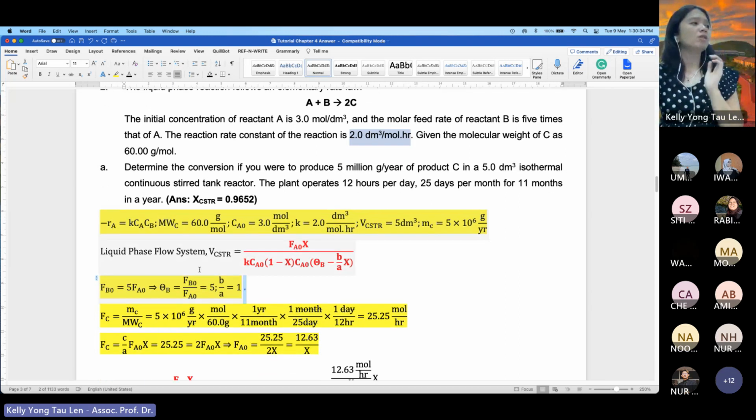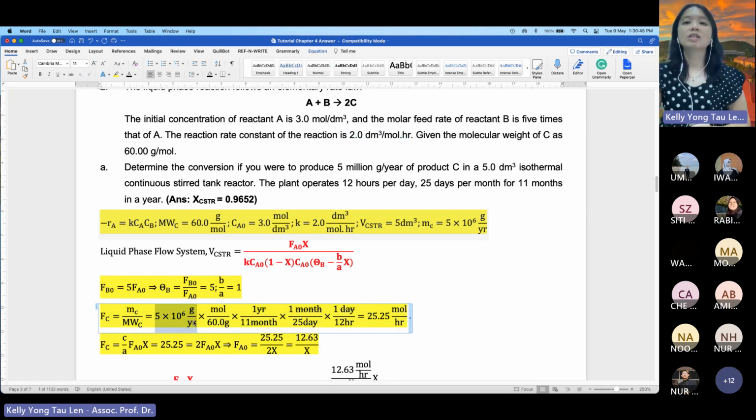Right, so to find FC, molar flow rate of C, okay, kamu tahu kita start dengan mass flow rate kita, which is 5 million gram per year. So kalau saya nak tukar daripada gram kepada mole, saya kena divide with the molecular weight. Maksudnya saya kena bagi dengan molecular weight. So macam mana kamu nak tahu betul atau tidak?